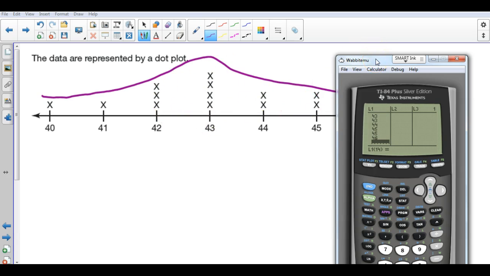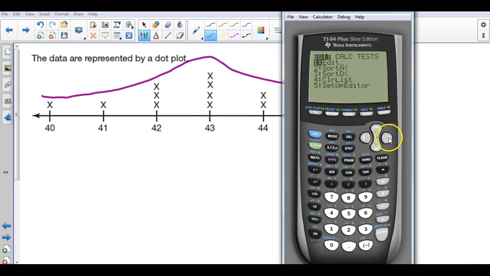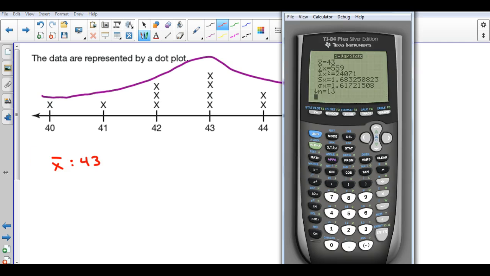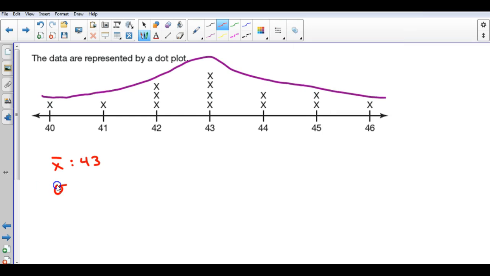So we would imagine that our mean would be somewhere close to this peak here of our data. I'm going to go to Stat, we're going to go over to Calculate, and calculate our one variable statistics, and I'll copy these down. So my mean is 43. I have a standard deviation of 1.62, which is a very low number.